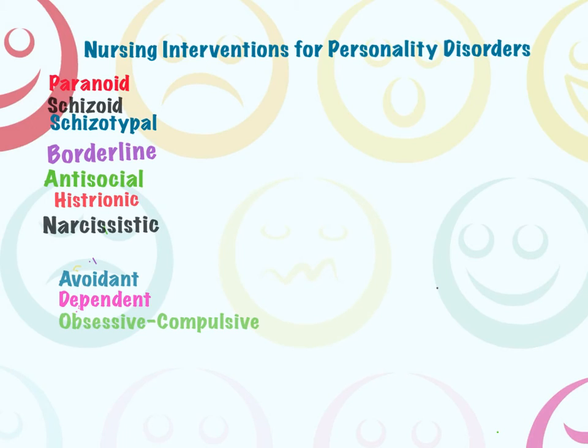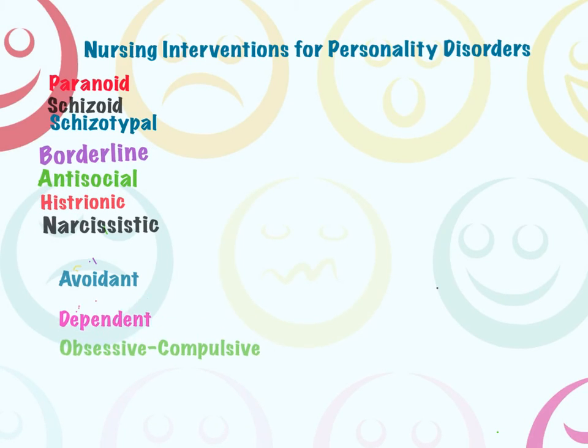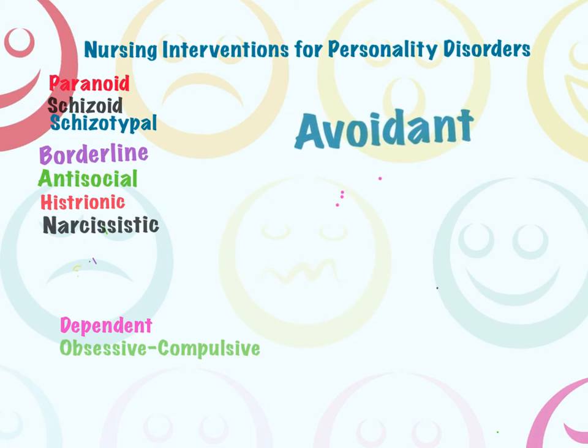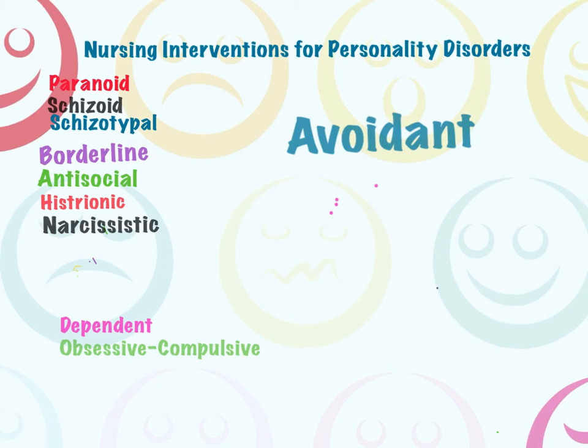Now, your cluster C, your worried personality disorders. These are the people you really want to watch for stress relief and anxiety. Avoidant personality disorders, particularly if you are in a long-term kind of care setting, either the psych setting or even the long-term care setting. You don't want people to be social, not in the sense of an antisocial personality disorder, but you don't want to necessarily have people isolating themselves.